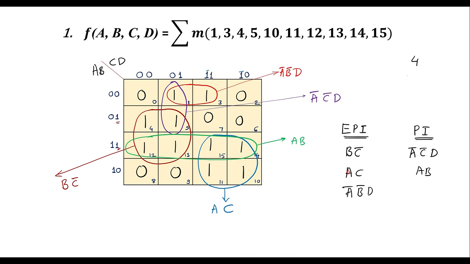The remaining essential prime implicants are also prime implicants. That is BC bar, AC bar, AC, A bar, B bar, D. All essential prime implicants are prime implicants, but not vice versa. So this is the set of essential prime implicants and prime implicants in the given function. Let me consider the second example.